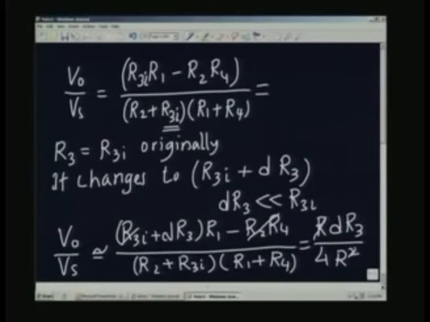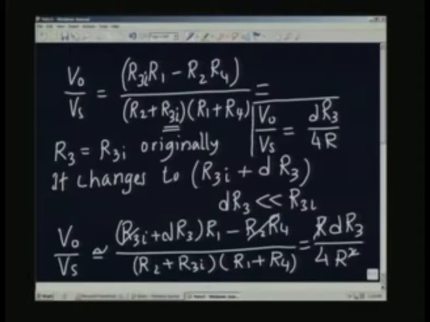So, you see that the ratio V0 by Vs will become dR3 by 4R. The change in resistance divided by the original resistance, divided by a factor of 4, is the value of V0 by Vs.